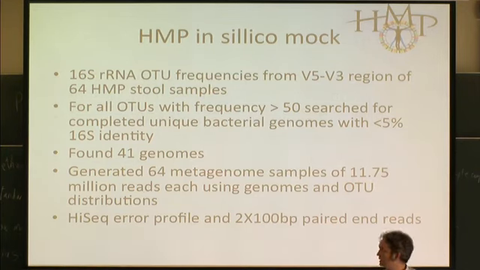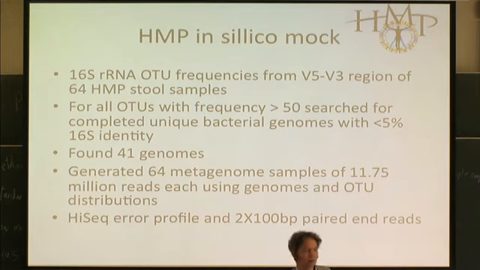To generate a test data set for this, we used some data from the Human Microbiome Project. We took 64 16S samples and we built OTUs. So for each OTU, we now have frequencies across each of those samples. We then took the 16S sequences from those OTUs and we tried to find complete genomes on the NCBI which were within 5% 16S identity.